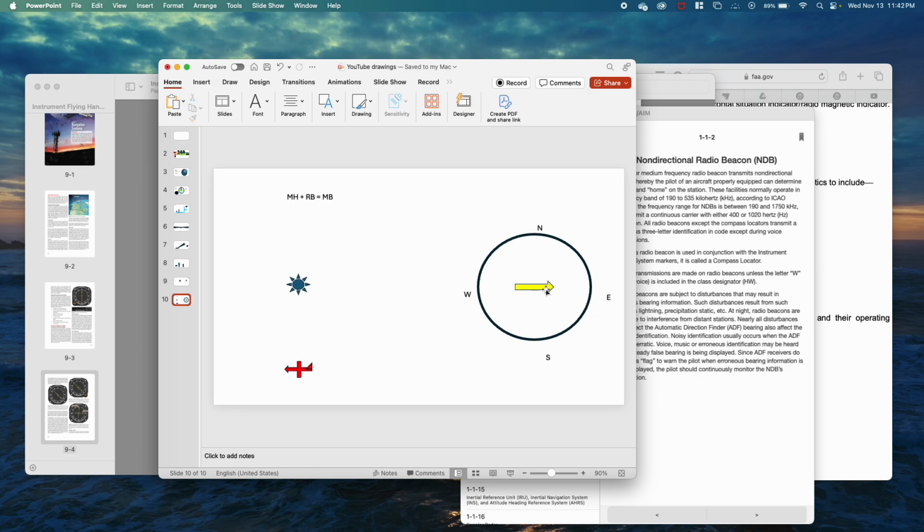The relative bearing off of this fixed card ADF here is going to be 090. It's just whatever heading the needle is pointing to. It says 090. So if you add these two together, it gives you magnetic bearing. It gives you the course to the NDB station. So 270 plus 90 equals 360. So we fly a course of 360, we get to the NDB.